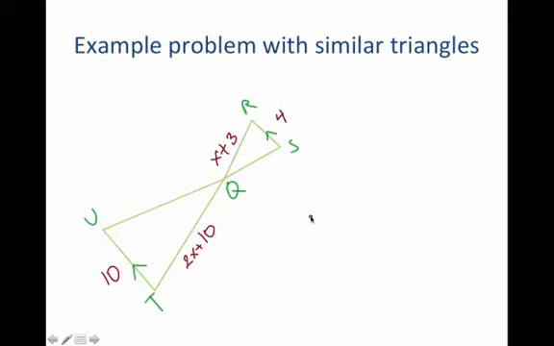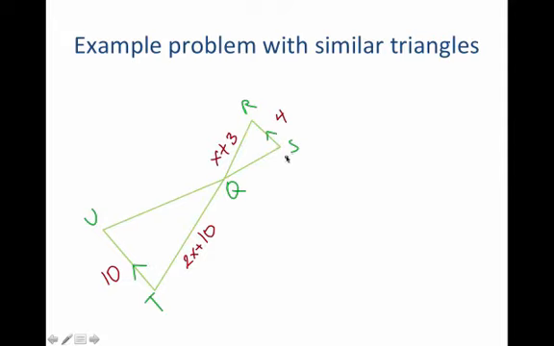Okay, I want to do one last problem, finding missing measures using similar triangles. So I might just have a diagram like this that says find x. Well, I'd have to determine, are these two triangles similar and which two triangles are similar? I'm going to have to write a similarity statement.